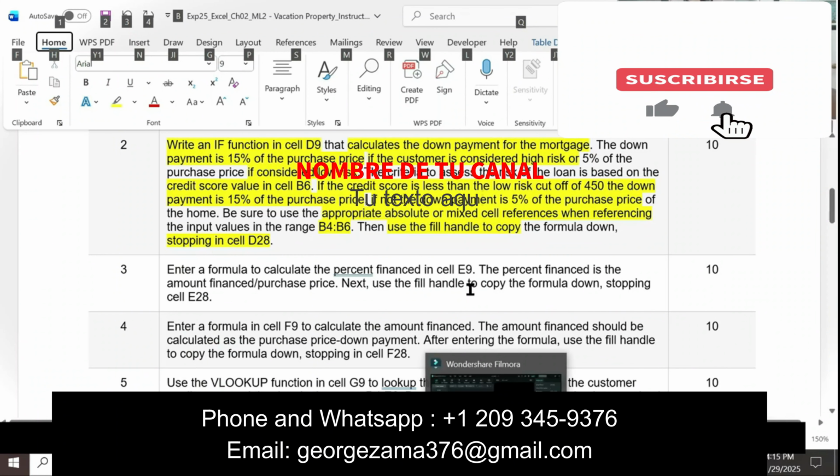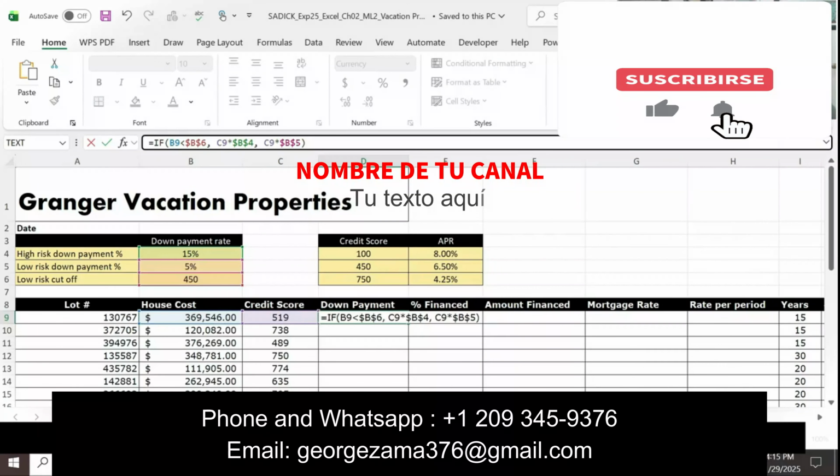Okay, so after reading the instruction we get an idea and just make a formula here: if B9, the credit score, is less than B6, the low risk cutoff, okay, then C9, the purchase price, multiplied by B5, which is the low risk payment.